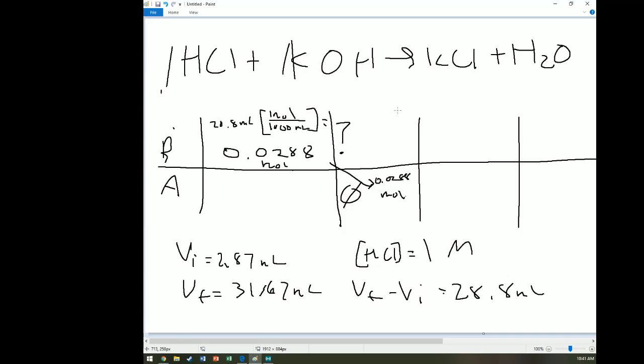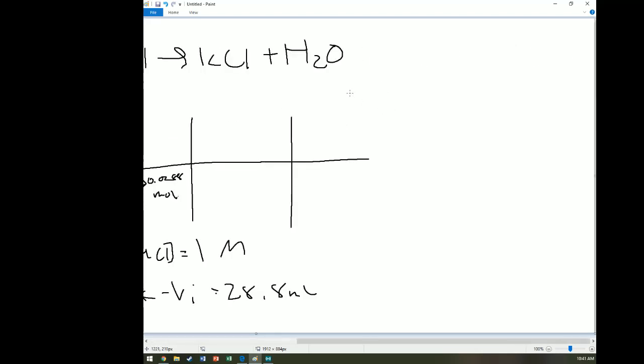So if I go to another page, 0.0288 mole, 1 mole, and then the molar mass of potassium hydroxide. Just give me a moment here. What's the molar mass of potassium?